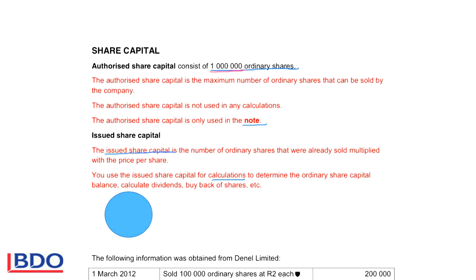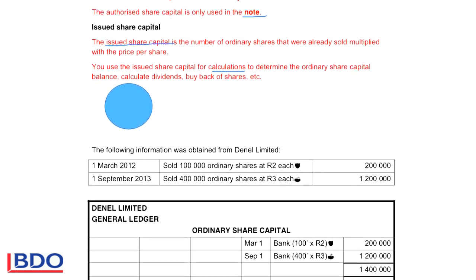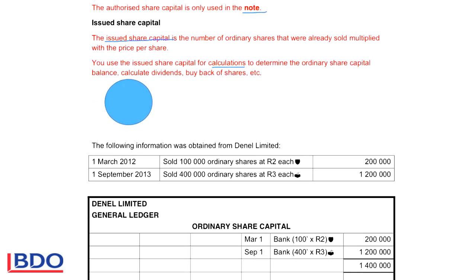Now, if we look at the issue of shares, we will see here that on 1 March 2012, 100,000 shares were issued at R2 each. So that means they've taken out of this cake a slice and they issued 100,000 shares.